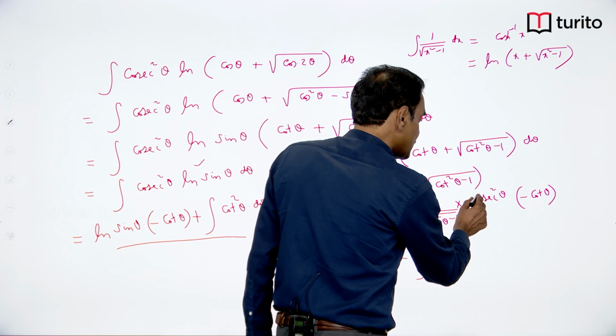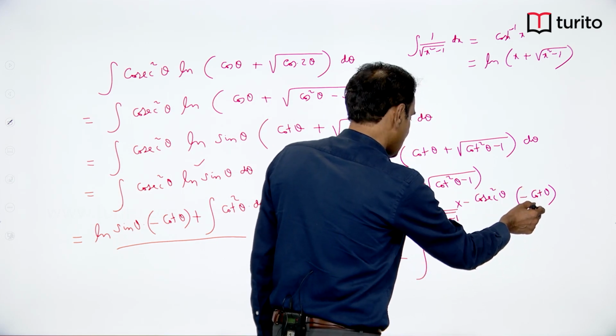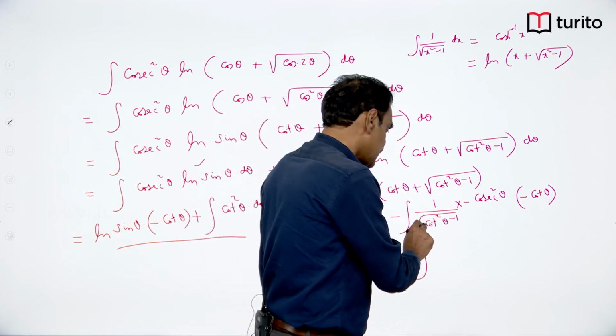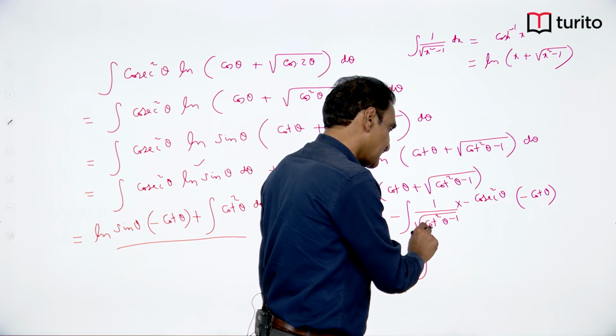Now this is 1 by sin square theta, this is cos theta by sin theta, converting into cos and sin everywhere. This is 1 by cos square theta by sin square theta now.